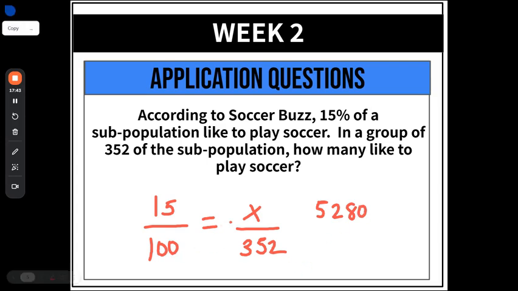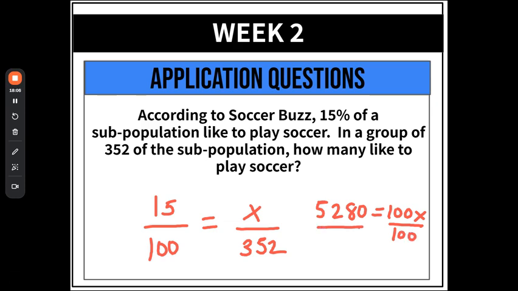All right, we're going to cross multiply again. 100 times x gives me 100x. All right, and now we're going to solve for x. So I need to get this x by itself. To do that, I can divide both sides by 100.